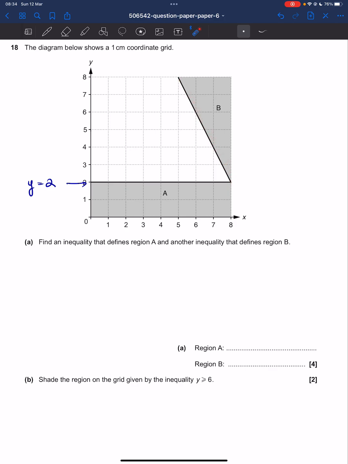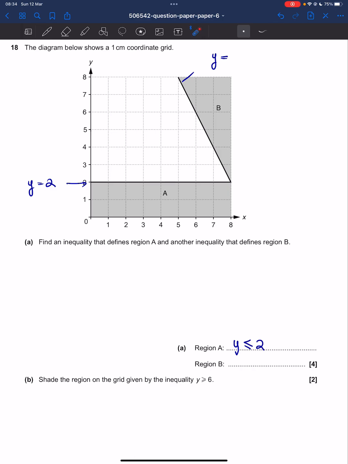This line for B, let's do region A. No, I'll come back. We need the lines first of all. In A, the y's are going to be less than or equal to 2.